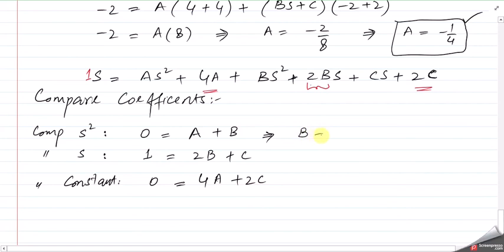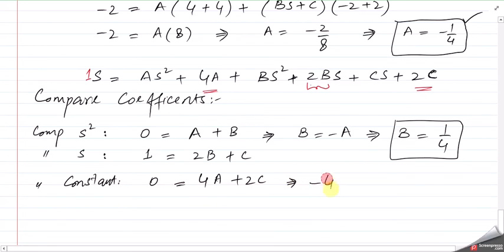This implies b equals minus a. That means b equals plus 1 by 4 because a is minus 1 by 4. And this implies minus 4a. Let's write it the correct way. 2c equals minus 4a, or in other words, c equals minus 2a, or that implies c equals minus 2 multiplied by minus 1 by 4 because we already know a from here.